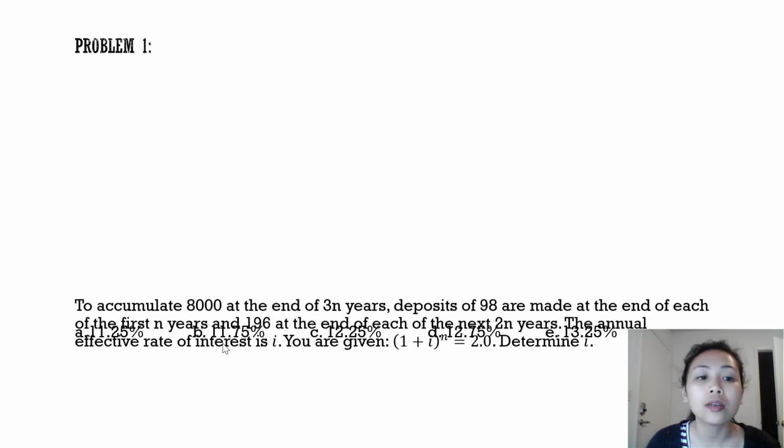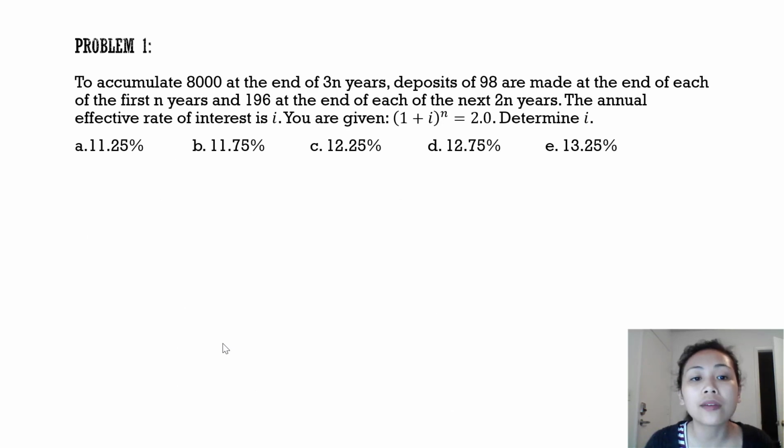The first problem: to accumulate 8,000 at the end of 3n years, deposits of 98 are made at the end of each of the first n years, and 196 at the end of each of the next 2n years. The annual effective rate of interest is i. You are given 1 plus i to the n is 2.0. Determine i.